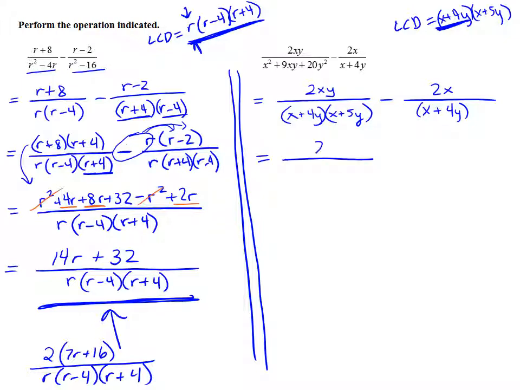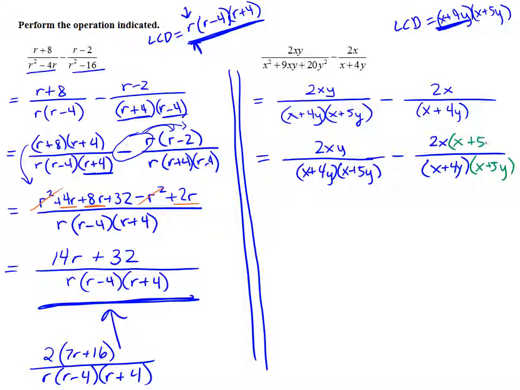So my first fraction has the LCD, so I'm just going to leave it as is. My second fraction doesn't. It's missing the x plus 5y. So I'm going to multiply by x plus 5y on top and bottom. So my numerator, 2x, is going to be multiplied by x plus 5y. So now we have a common denominator.